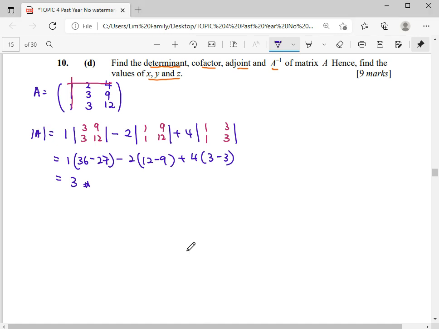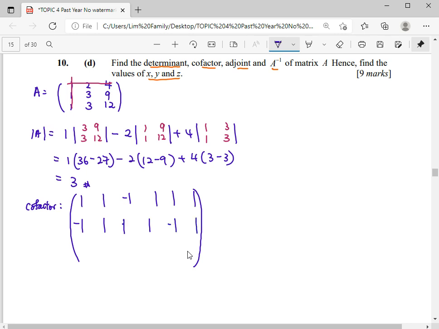Now we continue with the cofactor. I will put a big bracket because I need to find all 9 cofactors. Cofactor signs will be positive, negative, positive for row 1. Row 2 starts with negative, then positive, then negative.